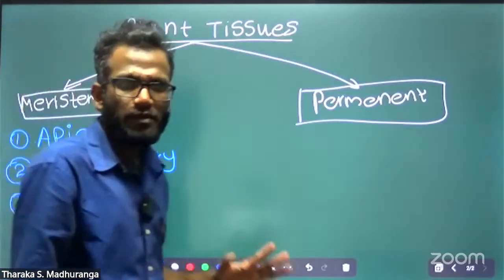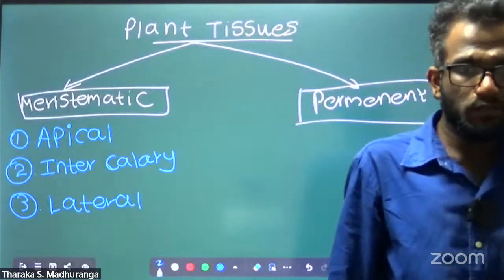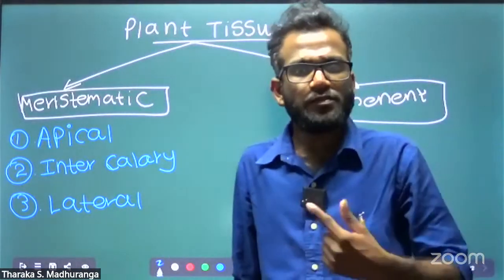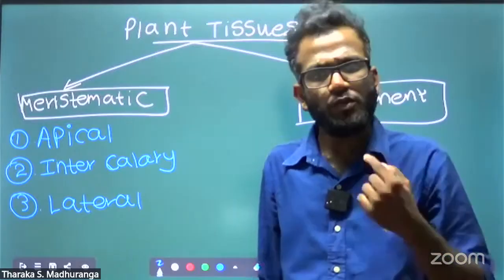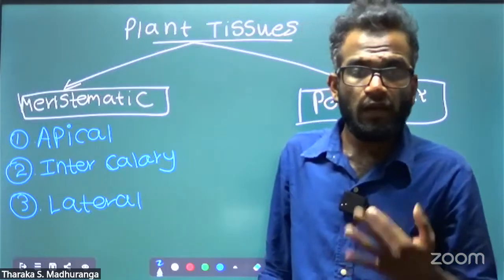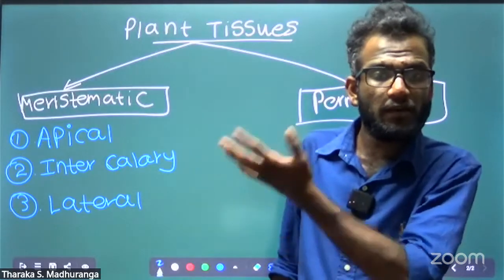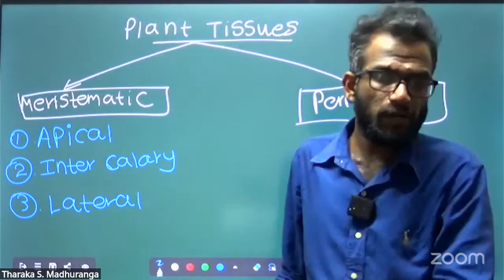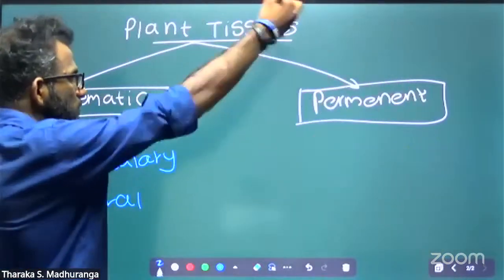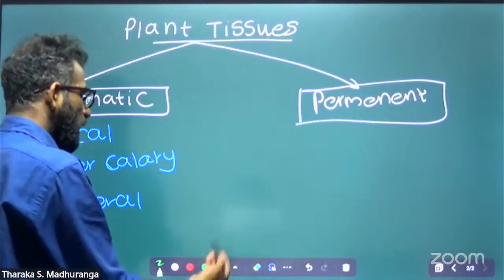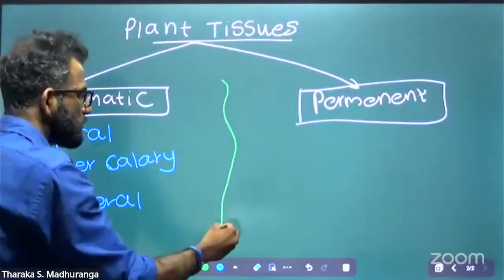They are the main three types of meristematic tissues. Last day I explained a very short method of how to remember these meristems, their functions and the locations where these meristematic tissues are present.